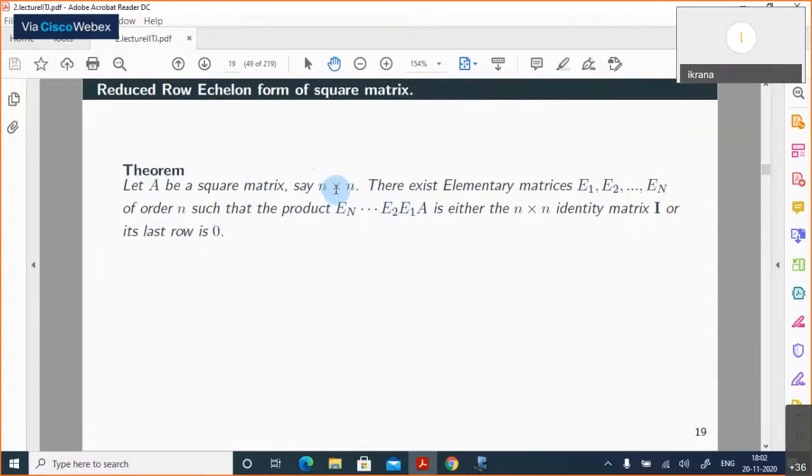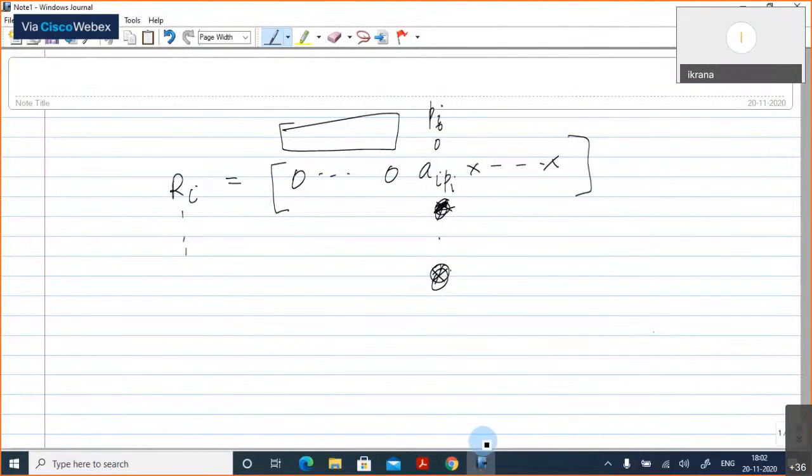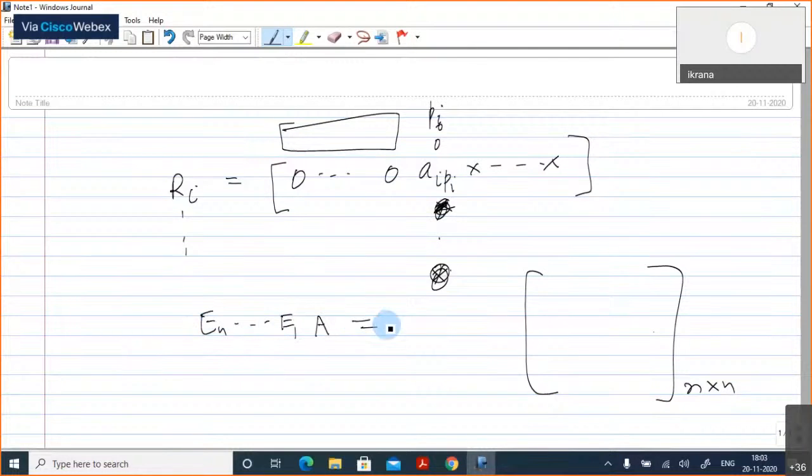It is at most the number of rows and columns, so here it is the same, possibly n pivots. And if there are n pivots, what does the reduced row echelon form look like?